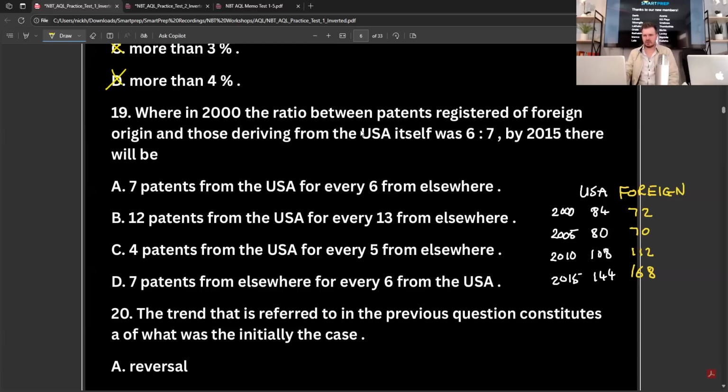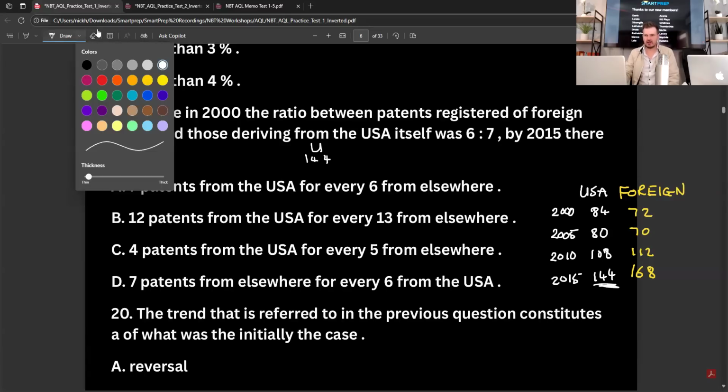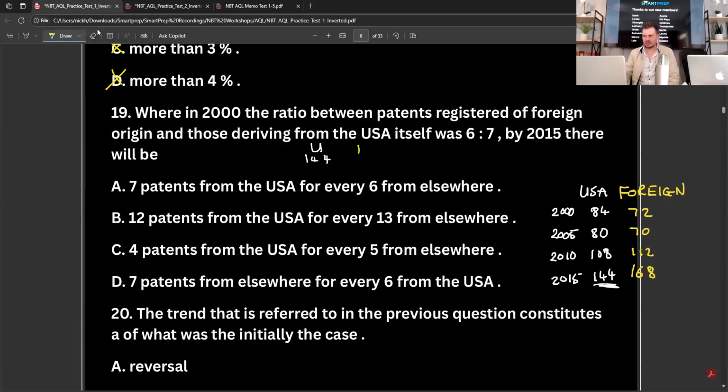They seem to always say from USA to, but on the last one they have elsewhere to the USA. Well, let's just do USA to foreign, and then we'll just interpret the answer. So the USA in 2015, we see is 144. And then the foreign is going to be 168.